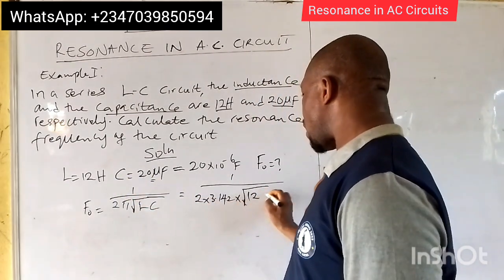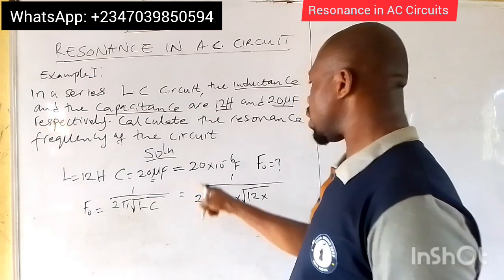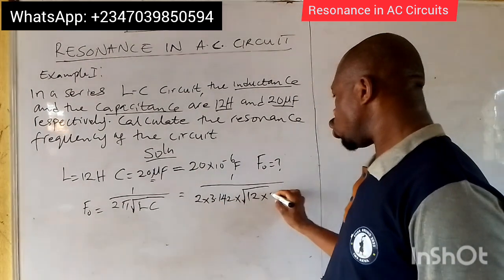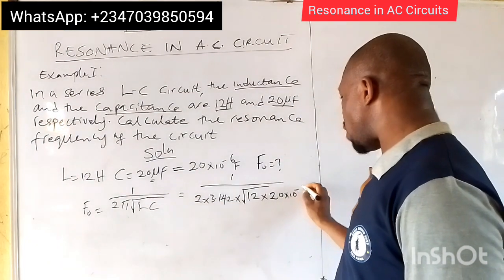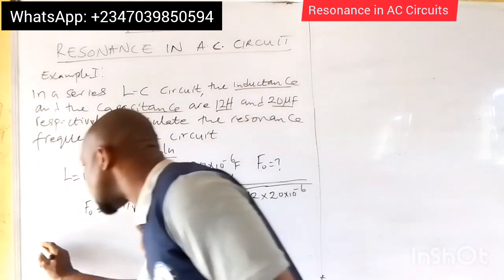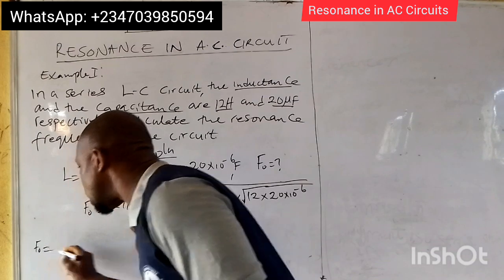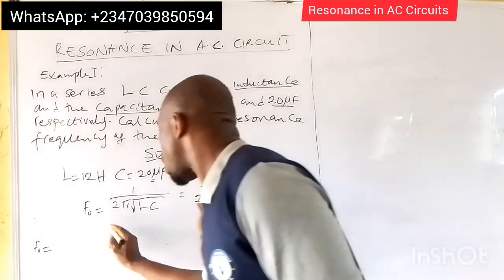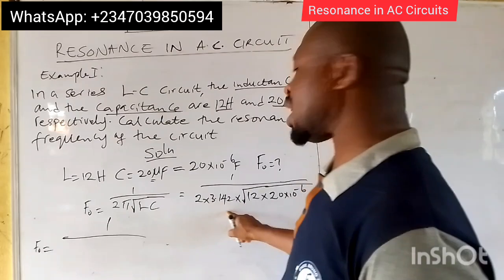We put L as 12, multiplied by 20 microfarad, which is 20 times 10 raised to power minus 6. And it will give us that F0 is equal to 1 over, now you take this first.